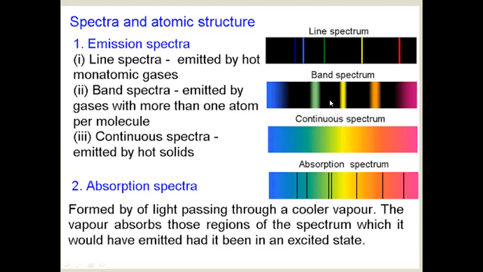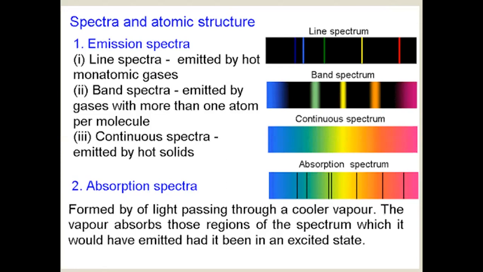You have bands, or you can even call them thick lines, and you have dark space in between. And these are emitted by gases with more than one atom per molecule. This spectrum does not have a sharp edge on both sides. It will have a sharp edge on one side, and on the other side it will keep fading.